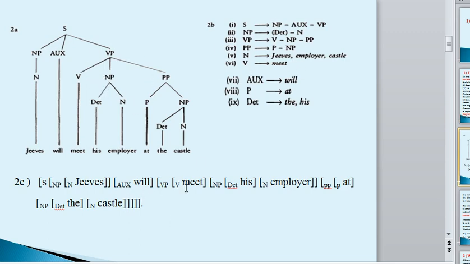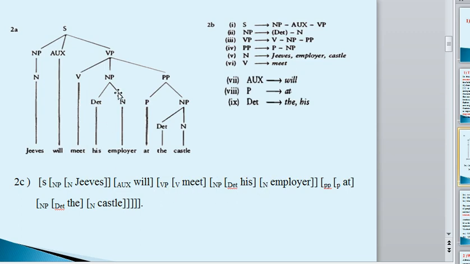And the third format of writing the sentence is writing the brackets. You see here, for example, Jeeves is a noun. We have a bracket, and you see here, noun. Then noun phrase. This is the auxiliary. You see the bracket. This is the VP, verb phrase.